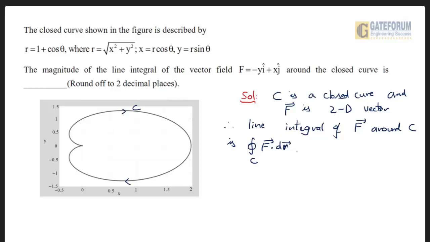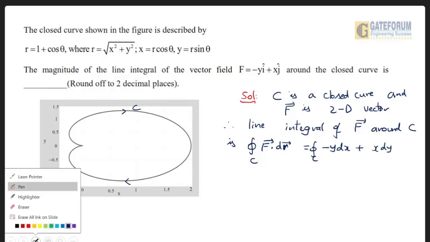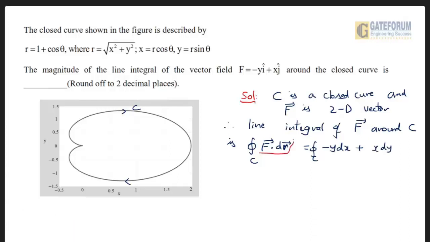Now f bar dot dr bar, how do you get it directly without writing dr bar? In f bar, i and j are respectively replaced by dx and dy. So this is the integral over the closed curve of minus y dx plus x dy. Okay, so this is the line integral notation and this is an observation on a closed curve in 2D.